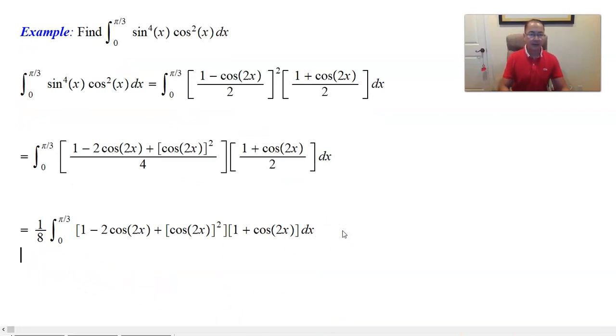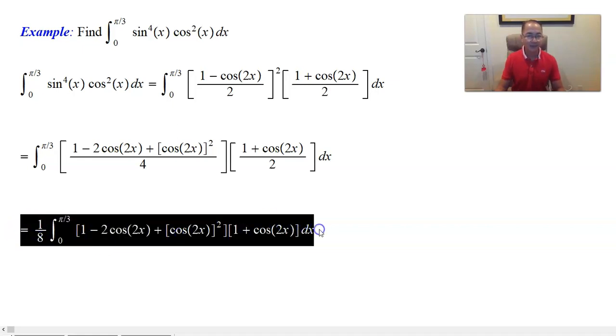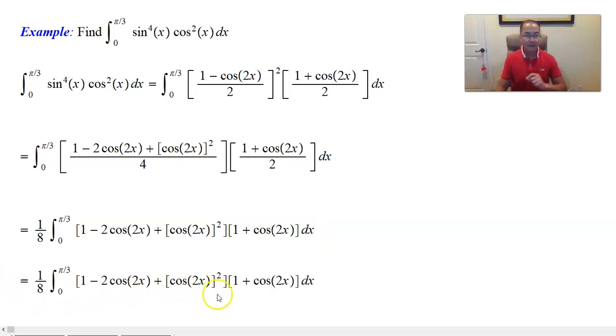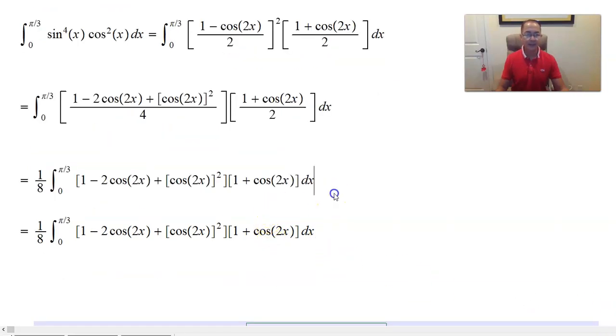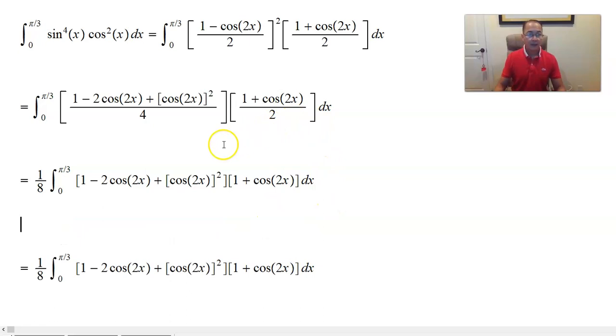So now we are going to distribute these two factors. Okay, I said this is the harder case. So there's going to be some distribution, some algebra to do. Okay, so to be organized, let's do this. There are 3 terms here, but there are only 2 terms here.